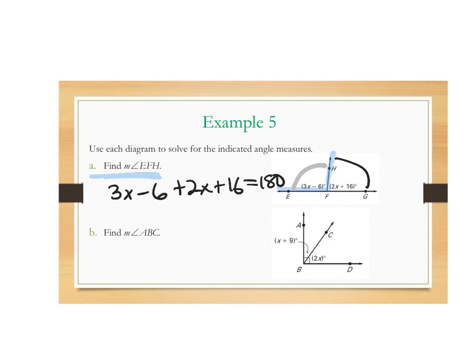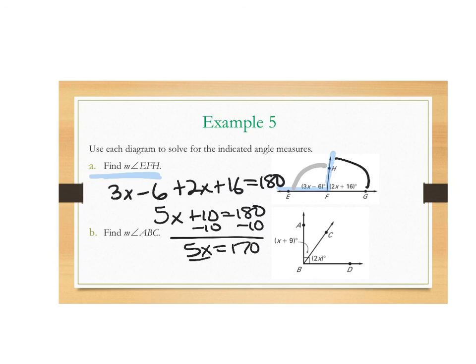I will combine my like terms. I end up with 5x plus 10. Move the 10. 5x equals 170. Divide by 5. Same problem I had earlier. And x equals 34. Again, it didn't ask for x. It wants the measure of this angle. So I'm now going to plug in 3x minus 6.